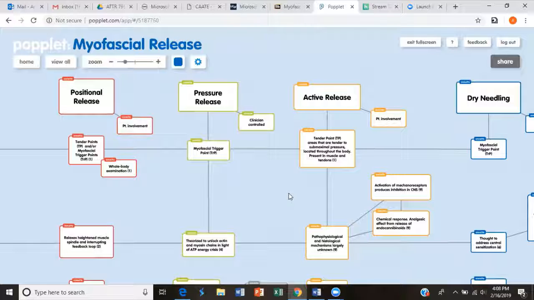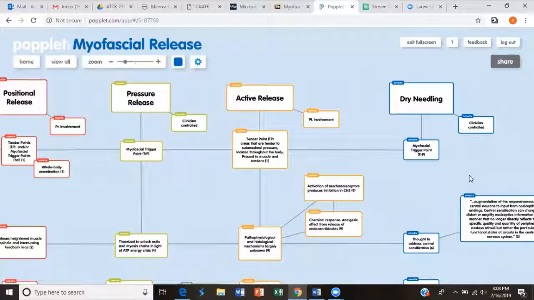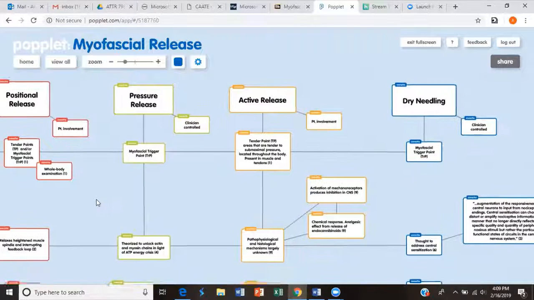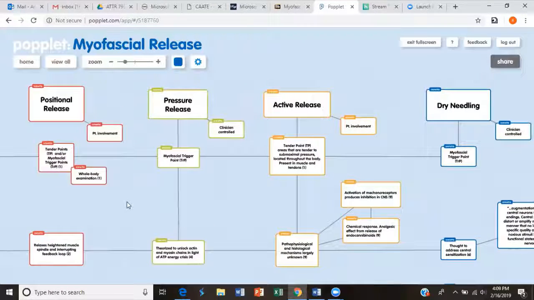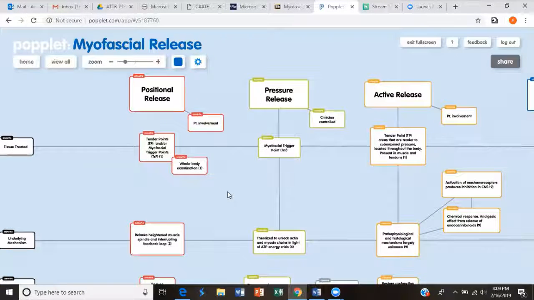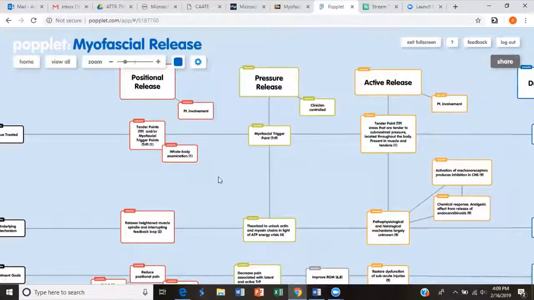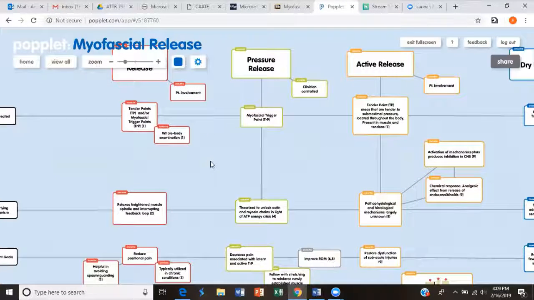This is different than a myofascial trigger point, which is located just in the muscle. And lastly, dry needling will focus on the myofascial trigger points. So seeing that there is overlap in the tissue treated, we then want to look at the underlying mechanism to help us decide which treatment is best for our patient at the time.